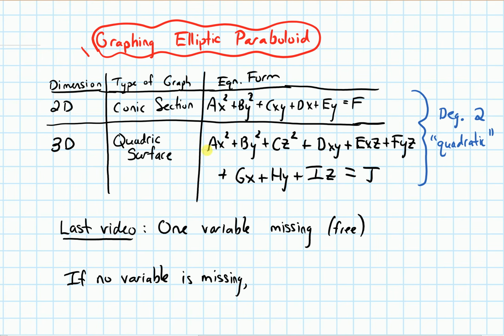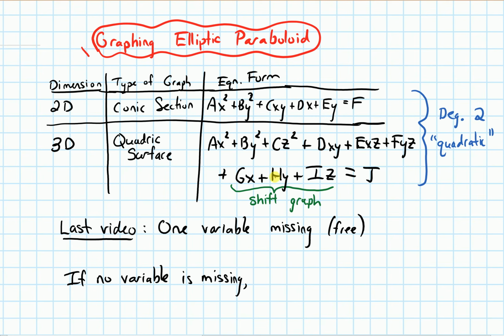So one quick thing that I want to comment on about quadric surfaces and about what the terms tell us about the graph is these terms that just have one of the variables on its own, so like x or y or z, they shift the graph. So instead of it being centered at the origin, that's what the gx, hy, iz would do.